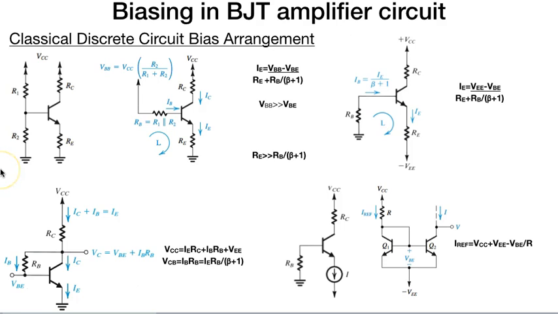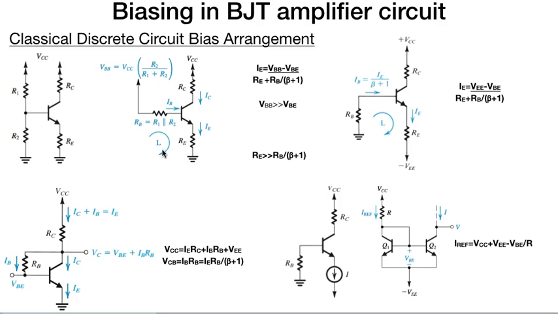Okay. Now the biasing in BJT amplifier circuit. Again, I would like you to go through these. I'm lucky enough that I got such self-explanatory diagrams.